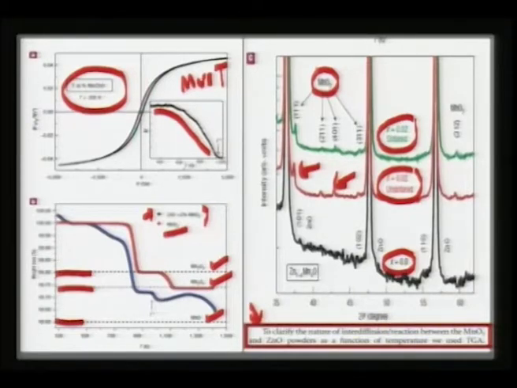Mainly because the earlier group studied the X-ray with a linear intensity scale, but what we are showing here is the log intensity. When you plot the log intensity versus 2 theta value, you always see all the impurities coming up, which are more pronounced.